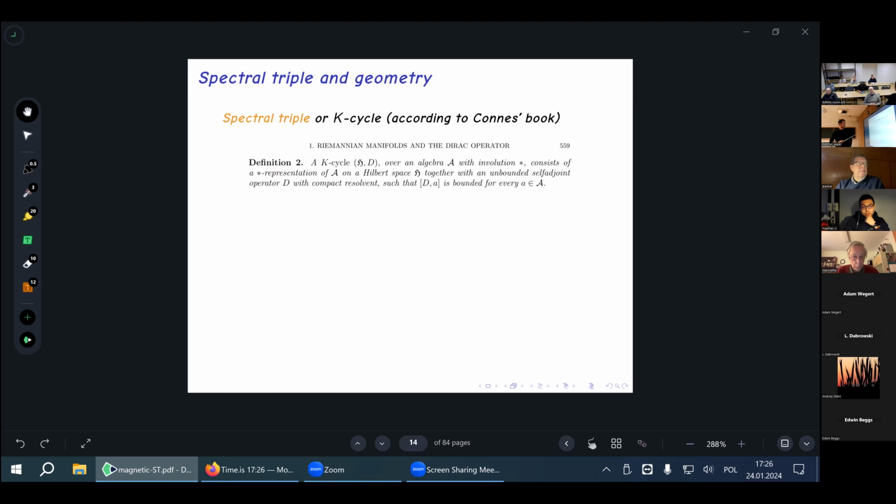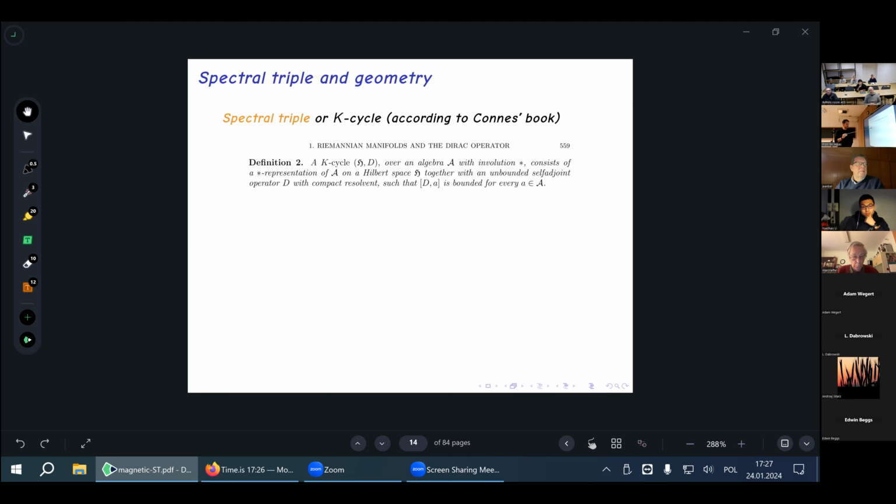This operator D, which we will call the Dirac operator, is an operator with compact resolvent. And when I compute the commutator of D with an element of the algebra, this commutator should be bounded. These are the main ingredients of a spectral triple à la Connes.